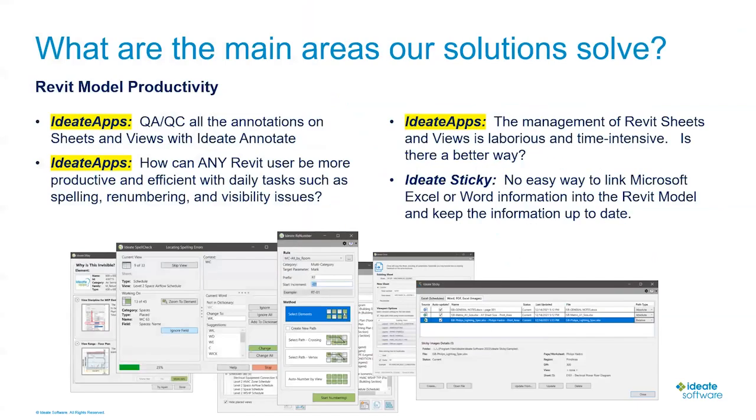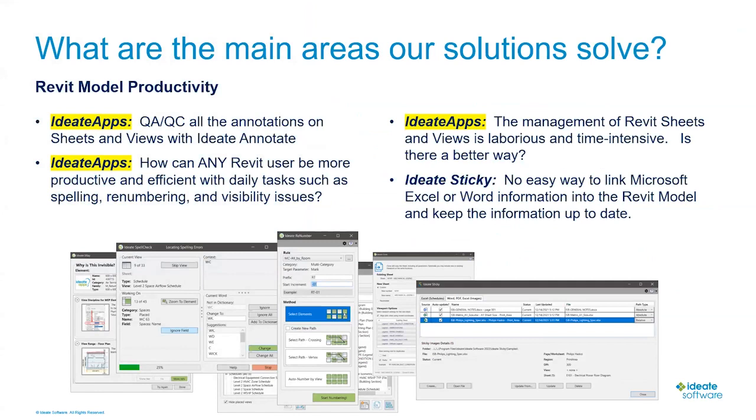Okay, so again, just to give you a very high level overview first, before we jump down into Ideate Annotate and what it is, I said we create 6 solutions for Revit. And so I've highlighted here what we're going to be talking about today is one product called IdeateApps, but IdeateApps is a collection of 10 tools.